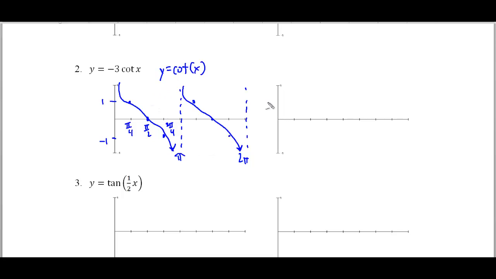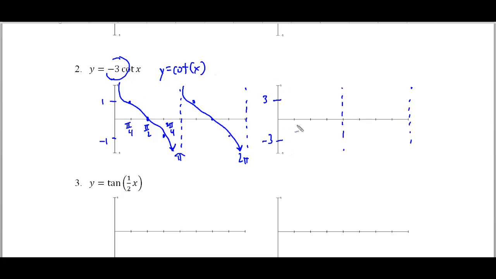Now with the -3 we change things a little bit. So now we're going to go between 3 and -3, and also you see that the direction is going to change as well because we have a -3 in front of our problem there.